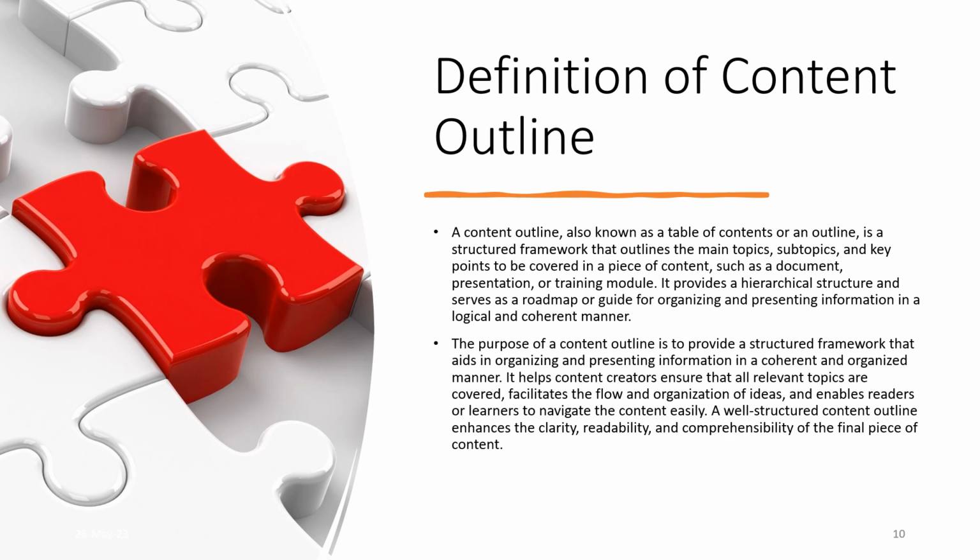The definition of a content outline. Normally, in any materials or any document of a training, we will start with a table of content. In the table of content, as you can see, there are numbers, topics, chapters, or subtopics. Eventually, we provide a certain hierarchical structure.